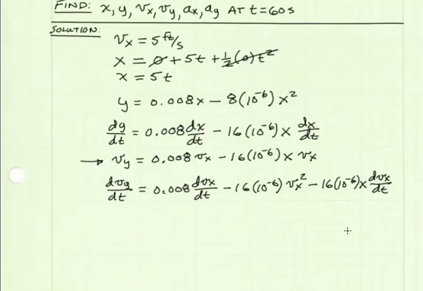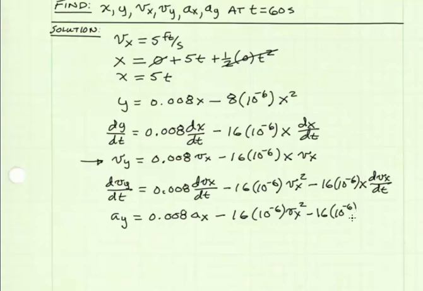However, we know that the derivative of the velocity with respect to time is the acceleration. So my acceleration in the y direction is equal to 0.008 acceleration in the x direction minus 16 times 10 to the minus 6th velocity in the x direction squared minus 16 times 10 to the minus 6th x times the acceleration in the x direction.